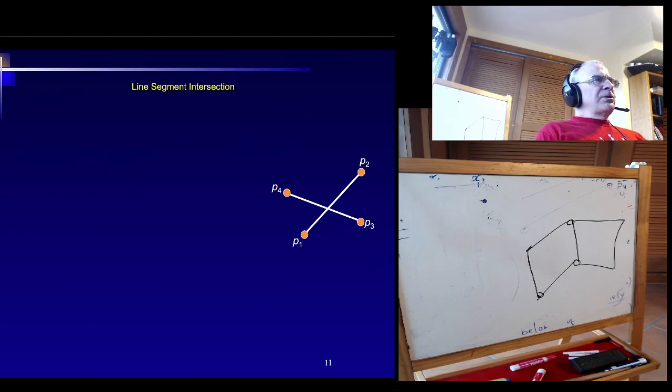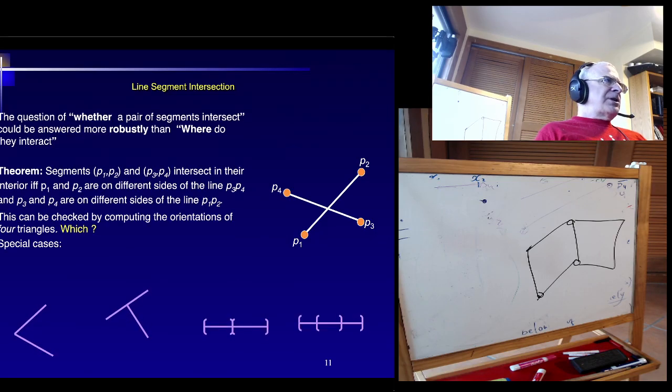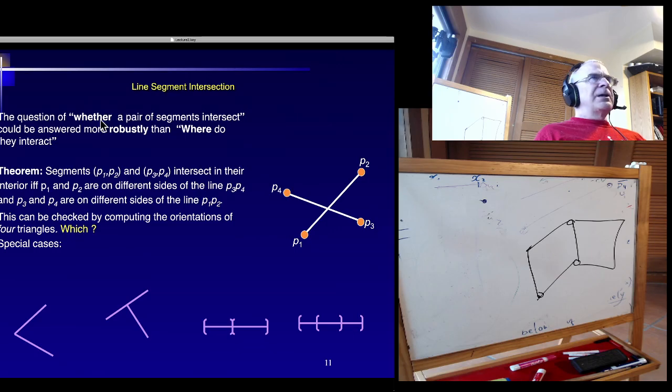Okay. So now when I have line segment intersection, just remember that the question of whether a pair of segments intersect, yes or no, I can solve robustly by playing with orientation, because for two segments that intersect, it must be that the two endpoints P4 and P3 are on two sides of the line through P1 and P2.